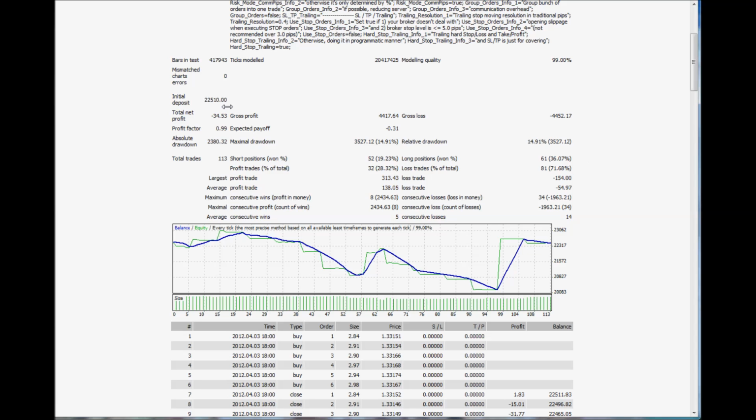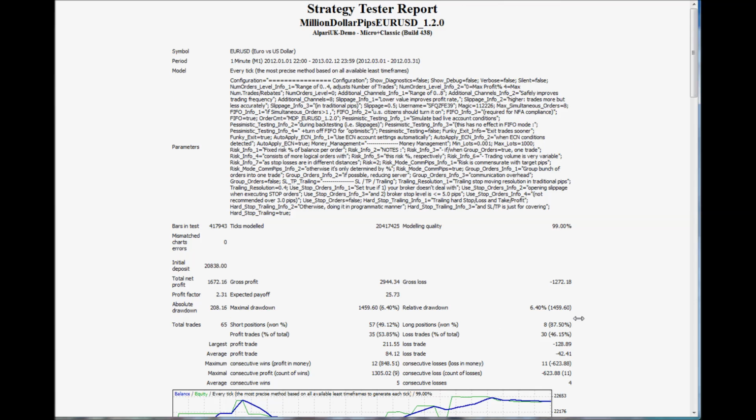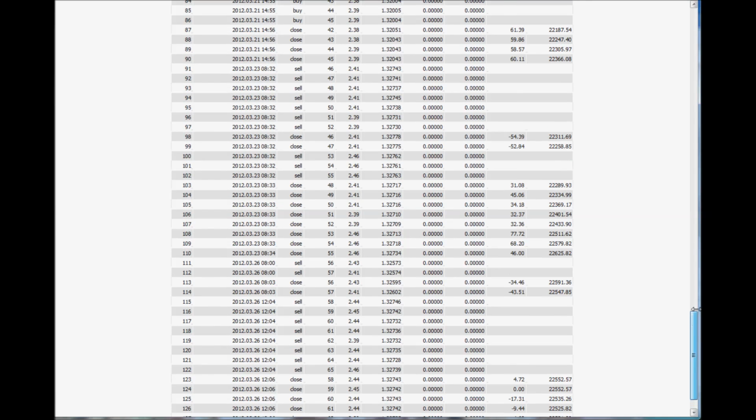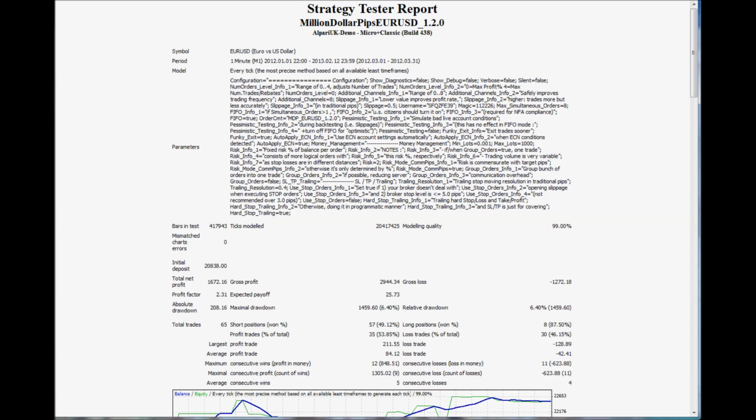And what we've done is, when we said initial deposit of 22,510, we've taken the final profit that we got at the end of that month, and then we added that into the tester so that we're just walking it forward, so we would know exactly how much we would make.